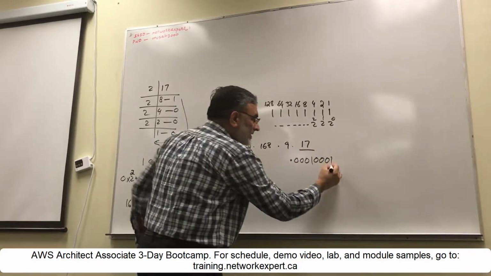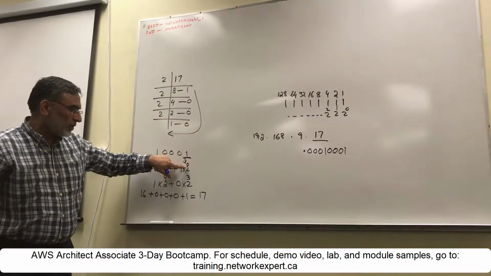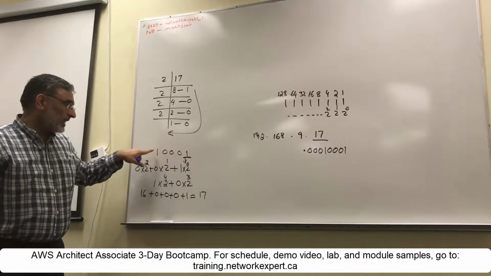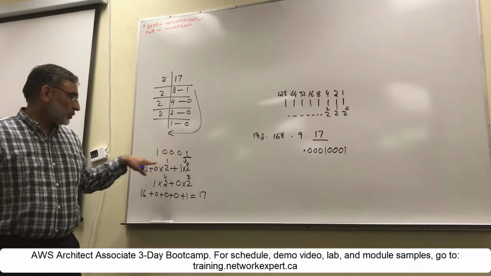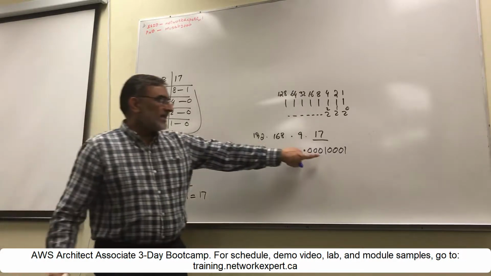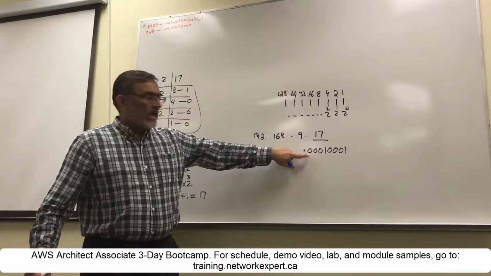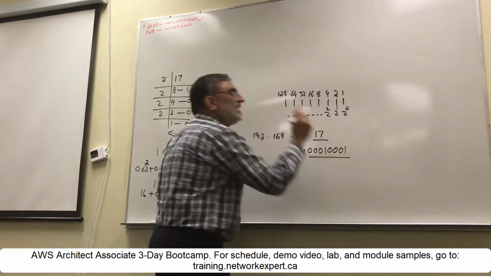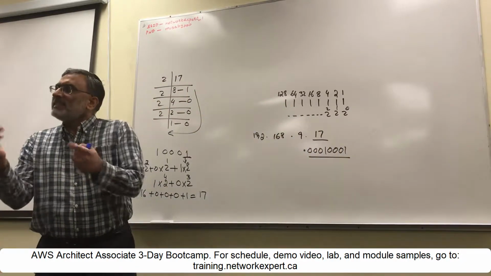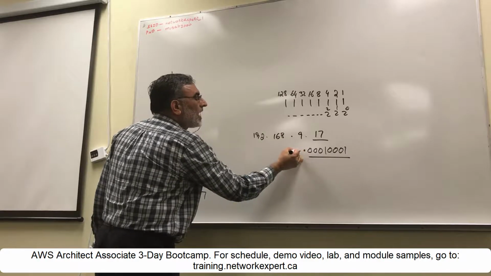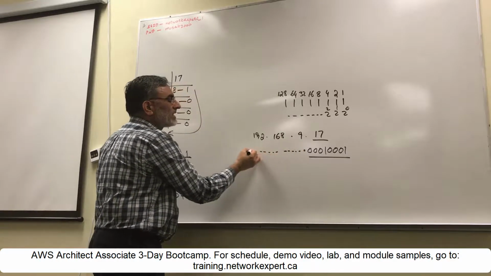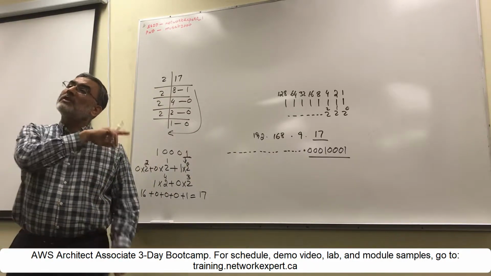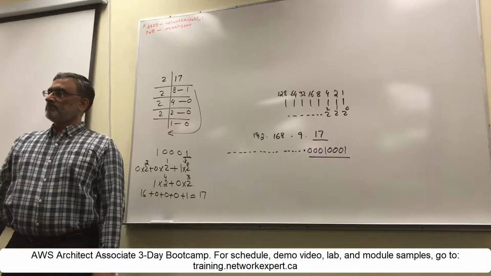I want the first bit to have the weight of 2 raised to power 0, and the second, third, fourth and fifth bits up to 2 raised to power 4, okay, and for the remaining 3 I will add zeros, and this shows how the computer will see 17. Not really 17, what I mean is 9, whatever bits are there, 168, whatever bits are there, 192, whatever bits are there, ones and zeros. So this is how the computer looks at an IP address.